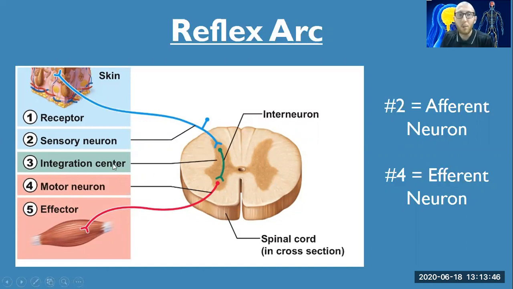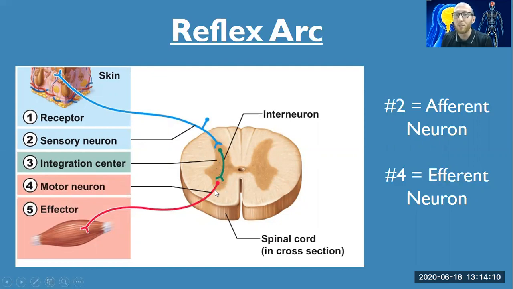Once you get to the spinal cord is your integration center. So you not only have to say integration center, but you have to tell me you're at the spinal cord. Moreover, you would travel out the efferent neuron or motor neuron.